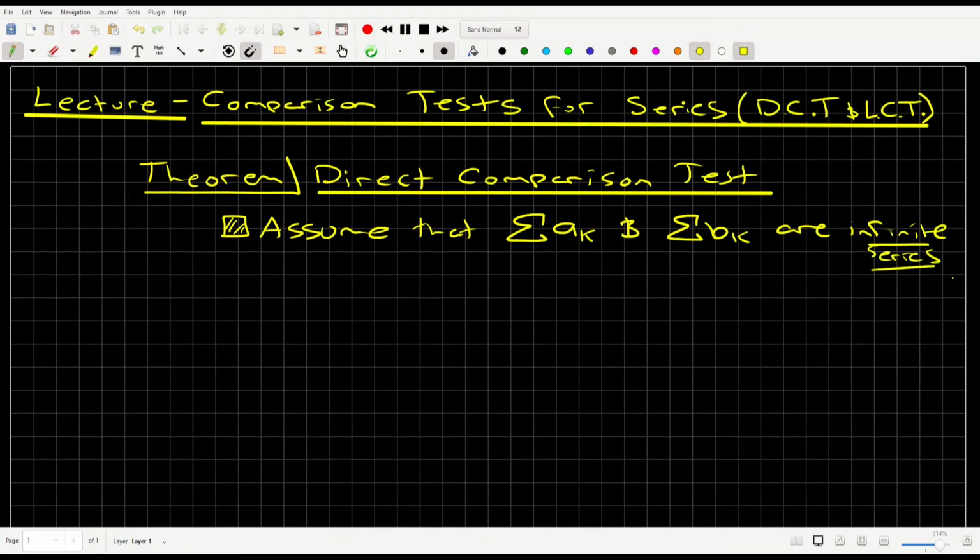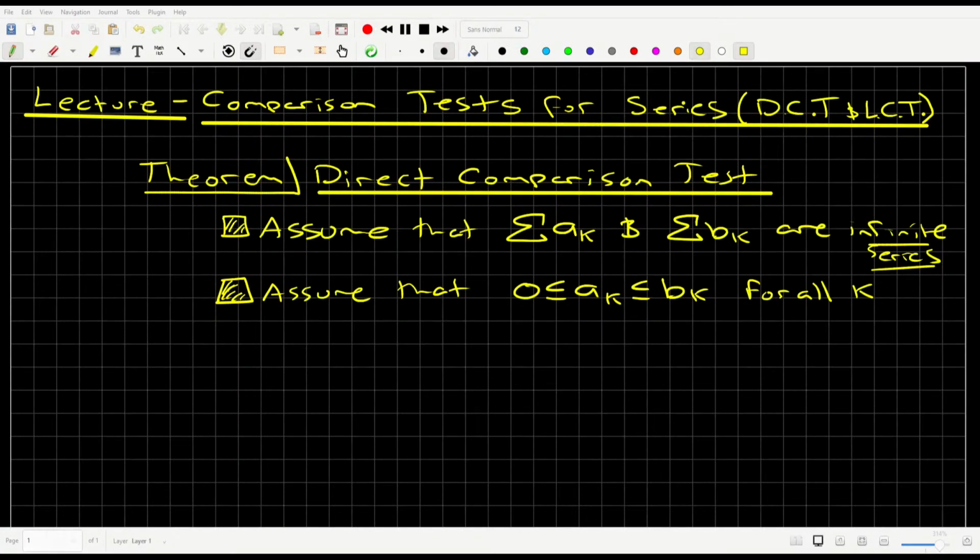And furthermore, we're going to assume that the terms in these series are positive, in that each term in the first series, a_k, is going to be less than or equal to b_k for all k in these infinite series.